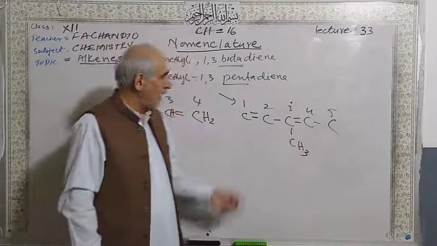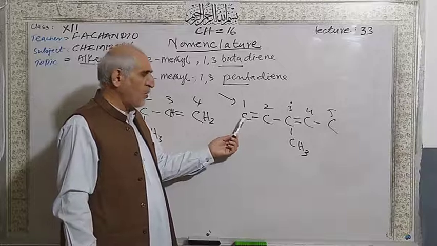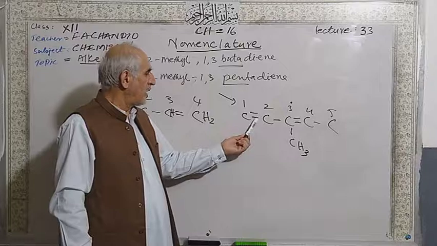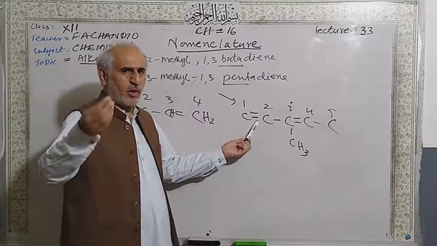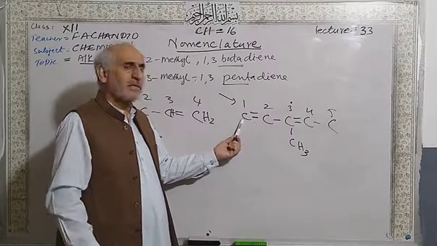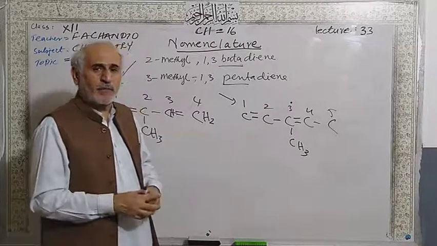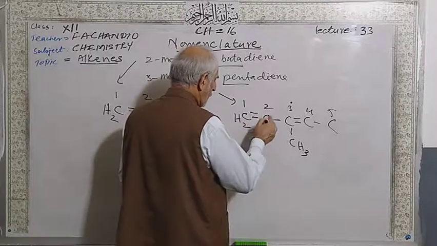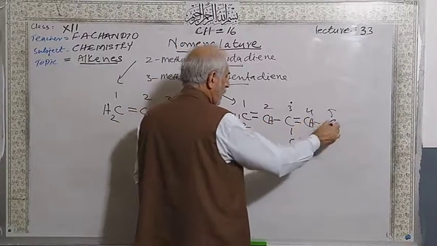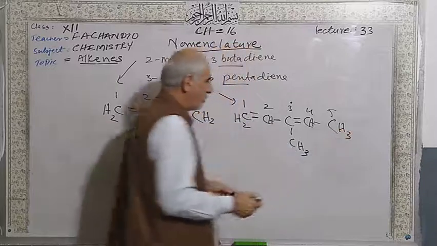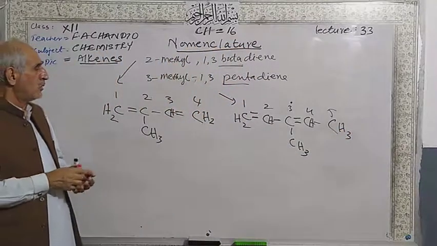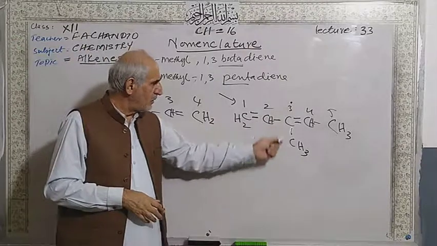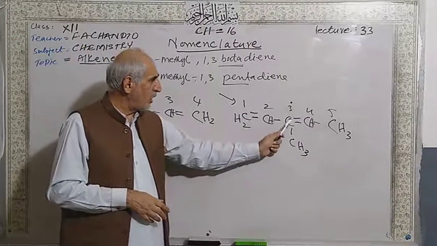If we start from this side, the very first carbon has the double bond, so we prefer it. The position of the double bond is preferred because it is at carbon number 1. So let's see, like this one: 3-methyl-1,3-pentadiene.